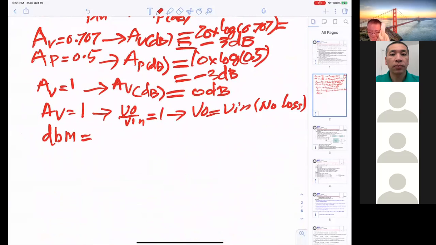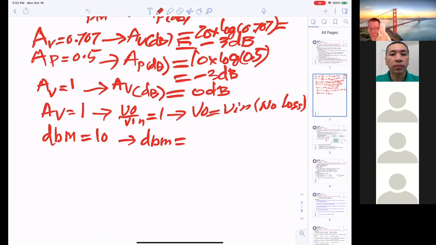If I say dBm equal 10, then how do we calculate, when you measure in the lab and you get 10 dBm? Then you must change it to watt or milliwatt or kilowatt. So the formula for the dBm, who knows the formula?